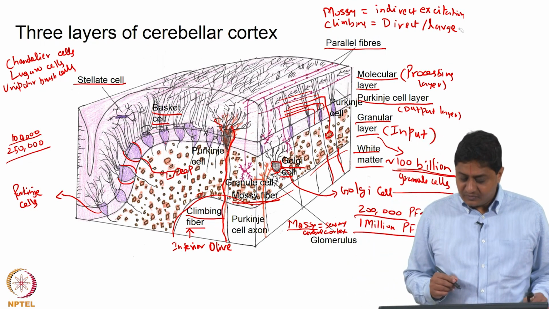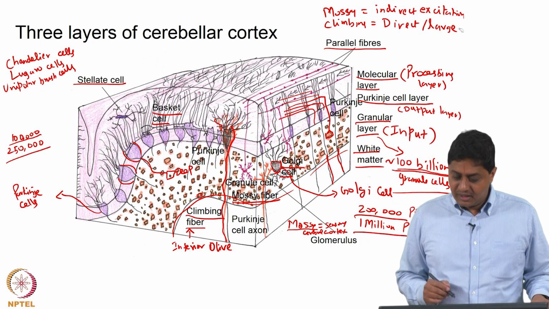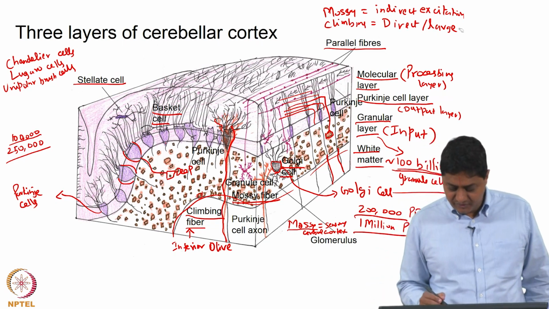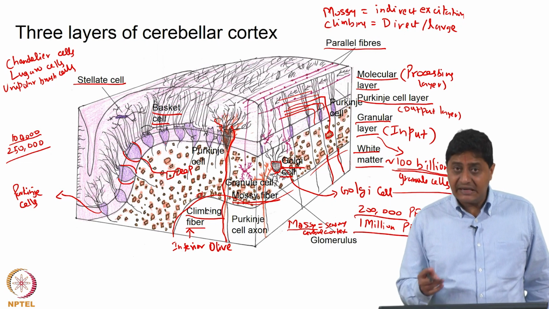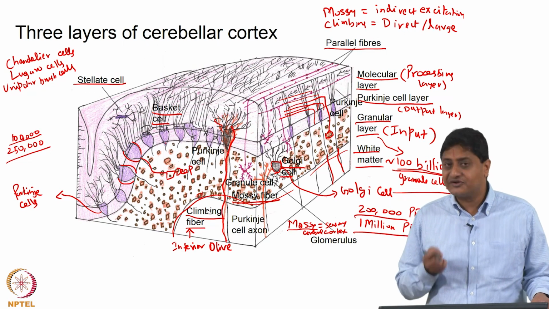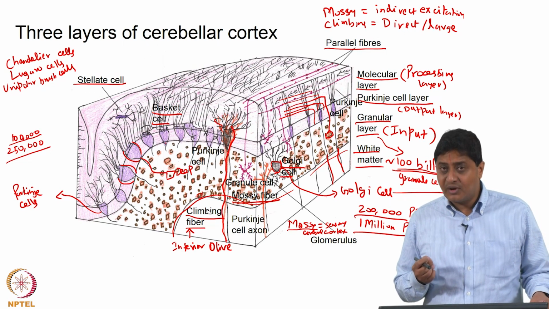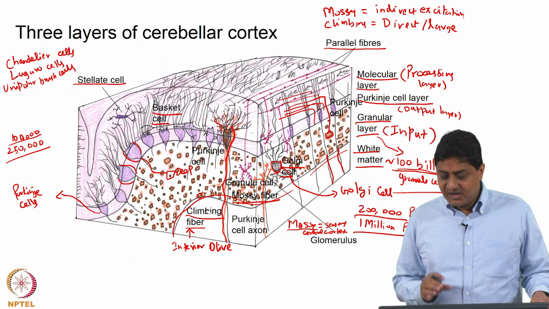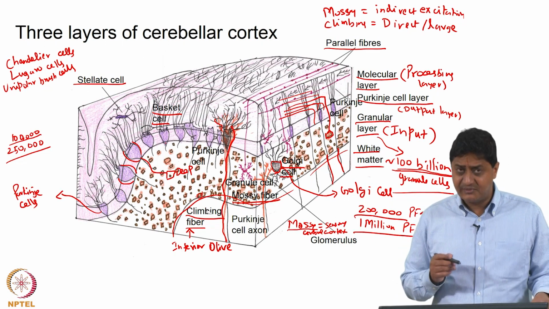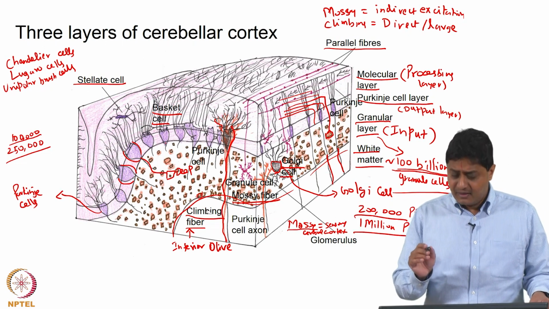We will discuss the details in future classes, but it suffices to know for now that the climbing fiber directly and in a greater manner influences the function of Purkinje cells, whereas the mossy fibers first synapse with the granule cells. Actually, they also synapse with the deep cerebellar nuclei, not shown in this picture.